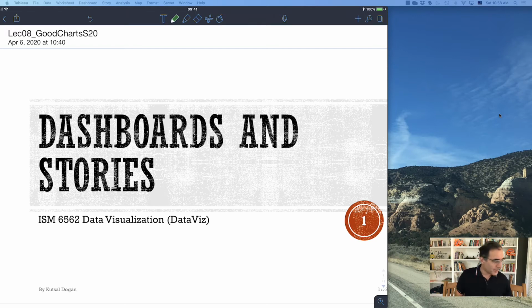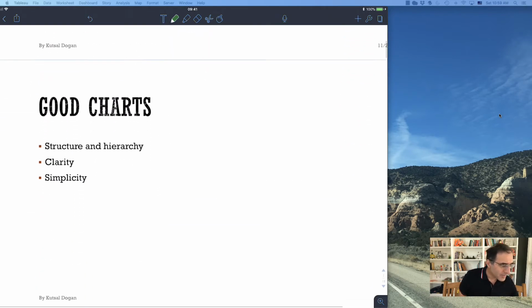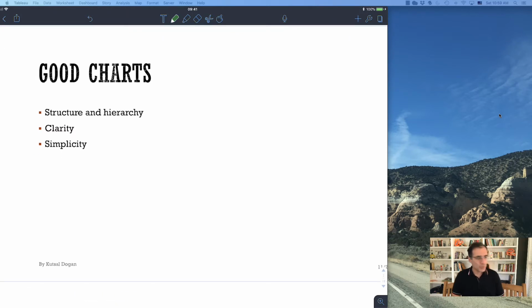So most of this chapter, I'm going to talk about good charts with examples. And almost all of these examples are coming from Scott Berinato's book. So the good charts, what is a good chart? A good chart has a consistent structure and hierarchy, and it is clear. What does clarity mean, and it's also simple. What does simplicity mean?